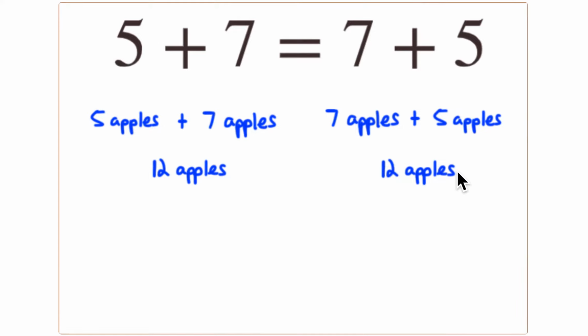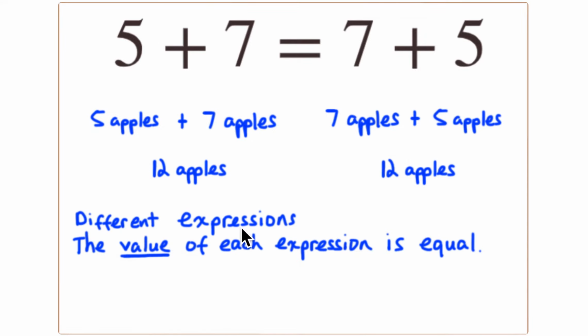The commutative property of addition says the order in which you operate doesn't change the answer. You still get the same answer, although the problem can look different. This is a different expression than that expression, but the value of each expression is equal.